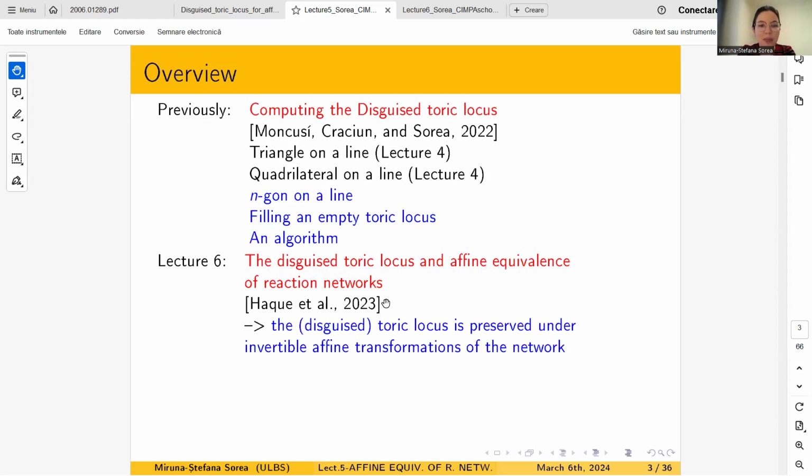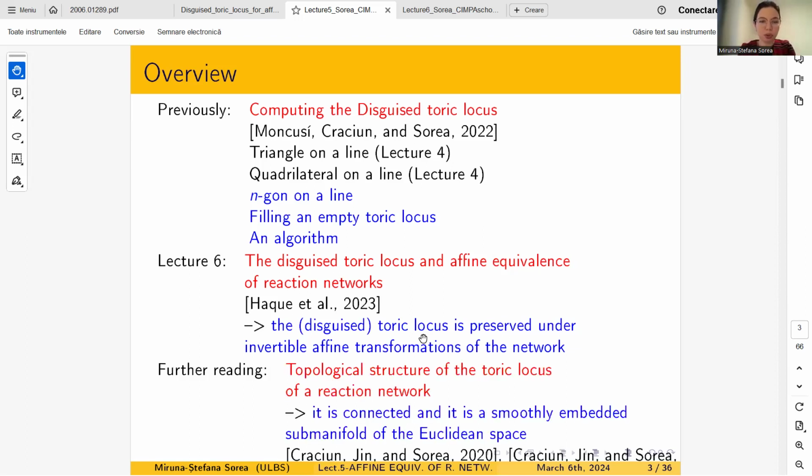So we will now look at what happens with the disguised toric locus if we apply invertible affine transformations to the network. Essentially, since computing the disguised toric locus is non-trivial, we would like to use some other tools to simplify this task.